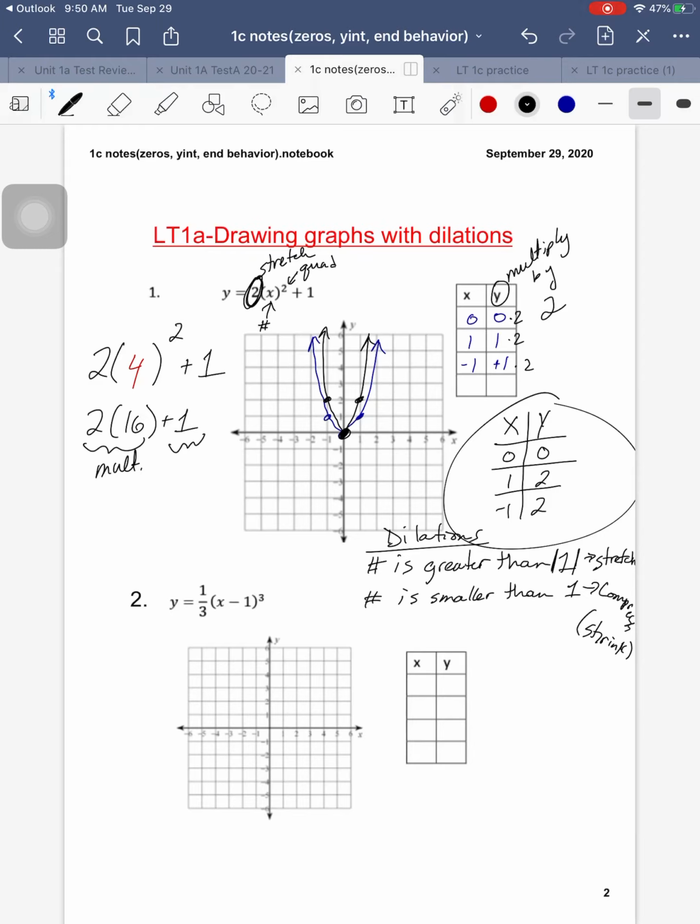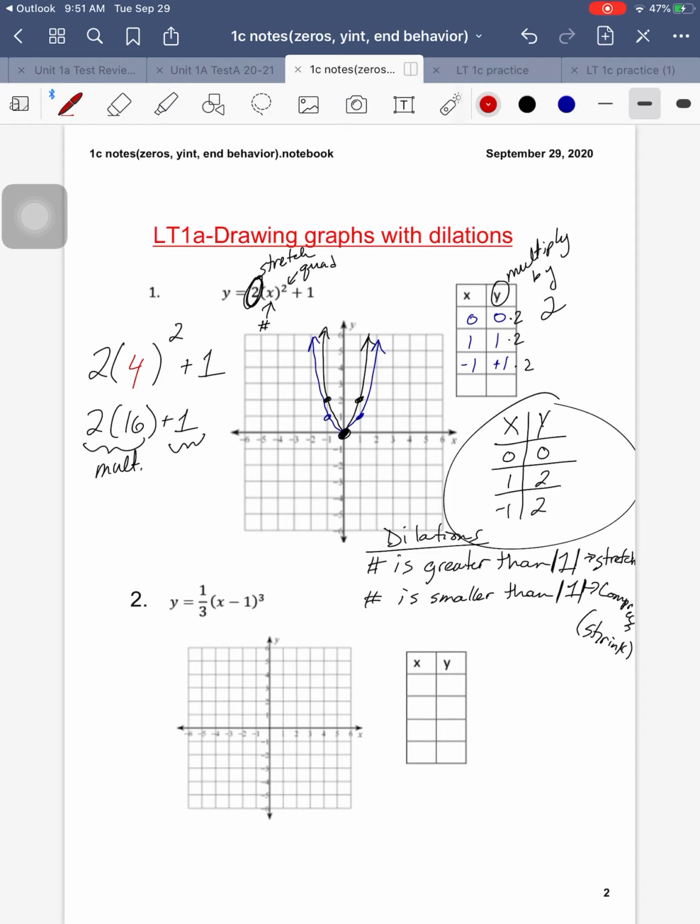I should say greater than the absolute value of 1 and smaller than the absolute value of 1. Because really, smaller means it's a fraction that's less than 1, and greater means it's positive or negative 1 or greater. So it could be like negative 2. The absolute value, that's 2. That gives us a stretch.